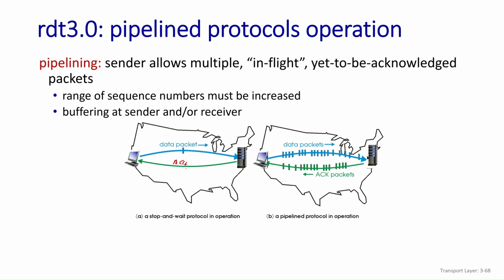This is how stop and wait works. But in a pipeline protocol, multiple packets are allowed in flight. So I have sent packet number one, then many other packets are on the way as well, and without waiting for an acknowledgement, I can send n number of packets, where this n depends upon a lot of factors.